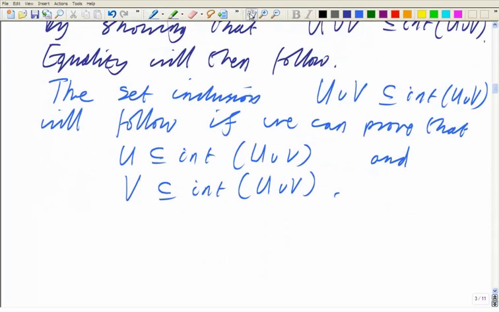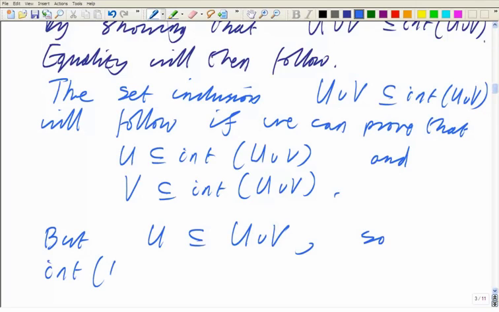But this is quite easy because U is definitely a subset of U union V. So the interior of U is contained in the interior of U union V by the previous lemma.